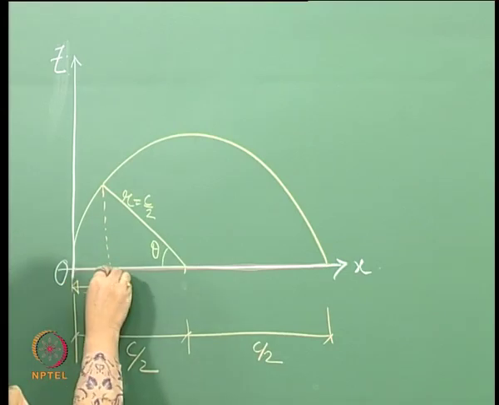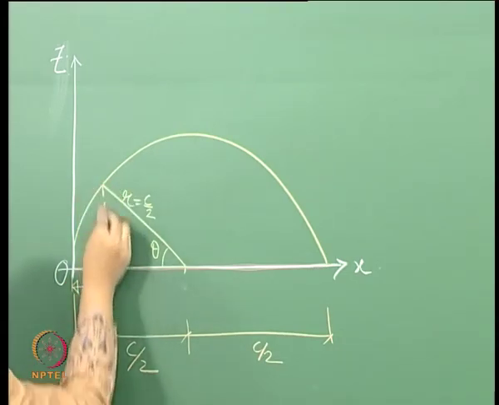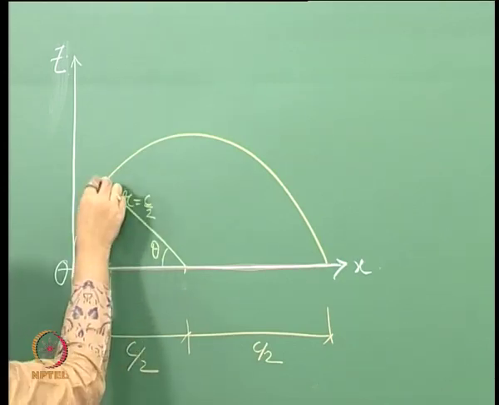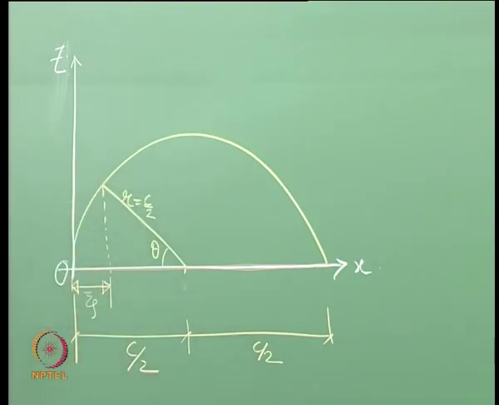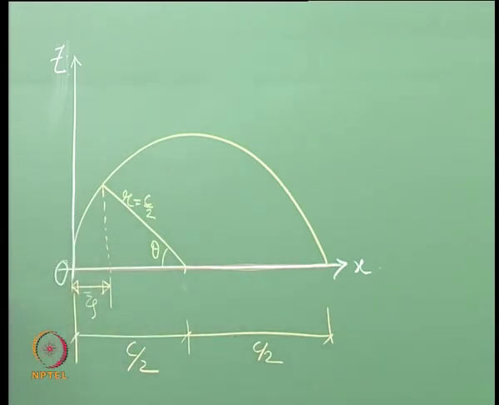So at this particular point, the x location of this point is z.